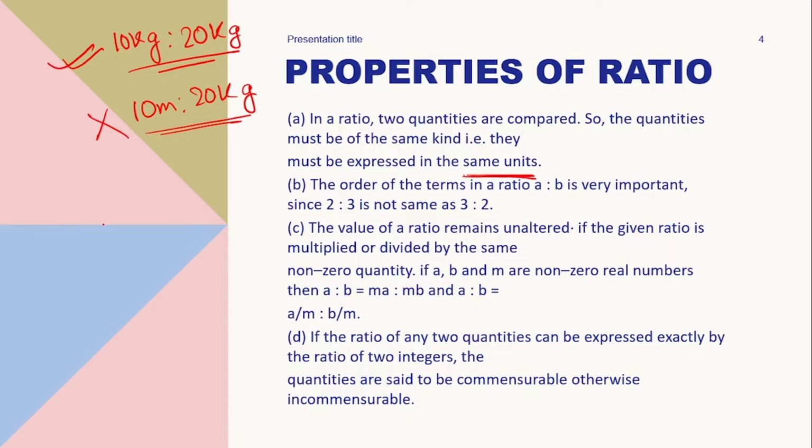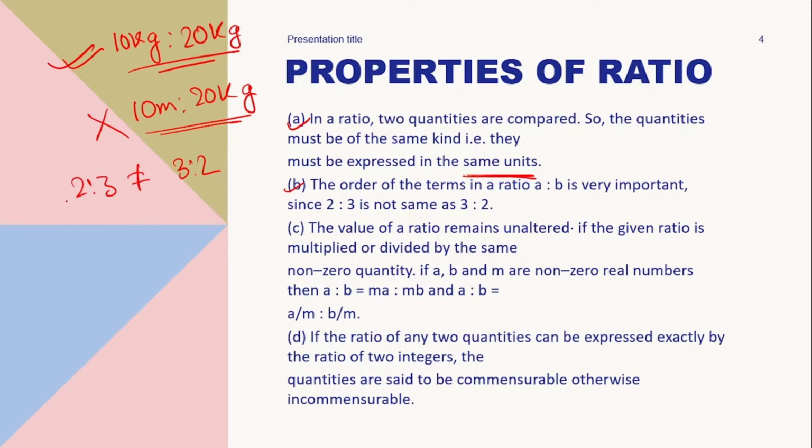Then the second point says that the order of terms in a ratio a is to b is very important, since 2 is to 3 is not equal to 3 is to 2.